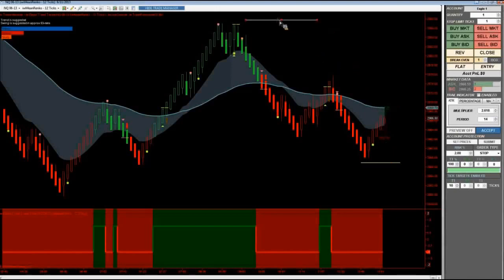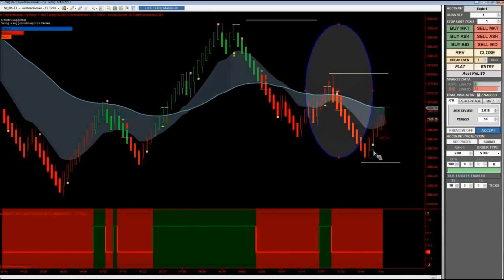But if you decide to risk it up to here, and the risk from here to here was $1,000, and the risk from here to here is $2,000. Well, if you're trading 3 contracts all the time, you're going to be risking $3,000 to do this trade, and you're going to be risking $6,000 to do this trade here.